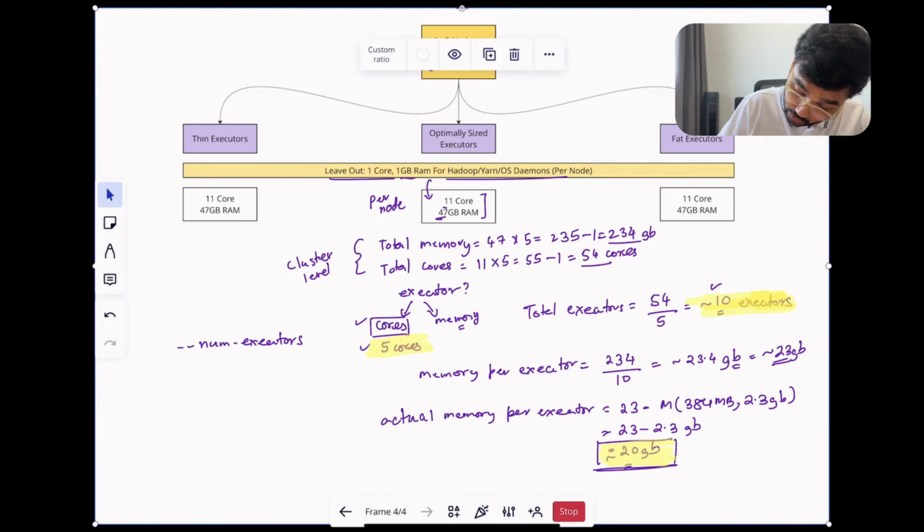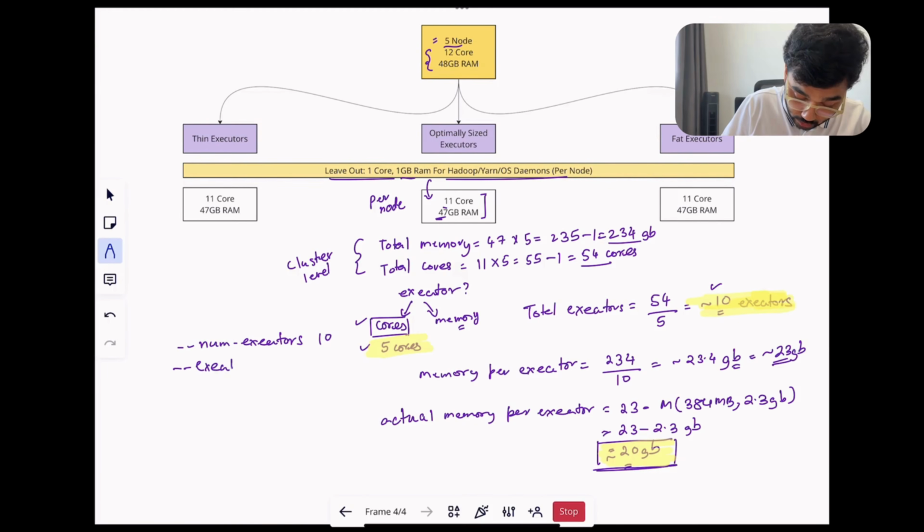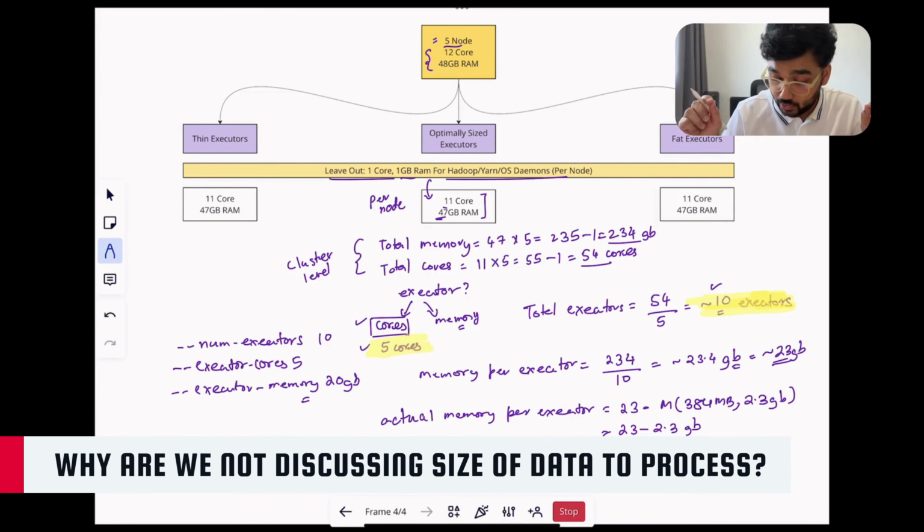So the number of executors is 10, the executor cores is 5, and the executor memory is 20 gigabytes.